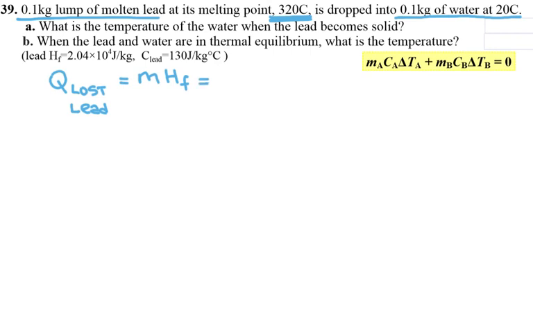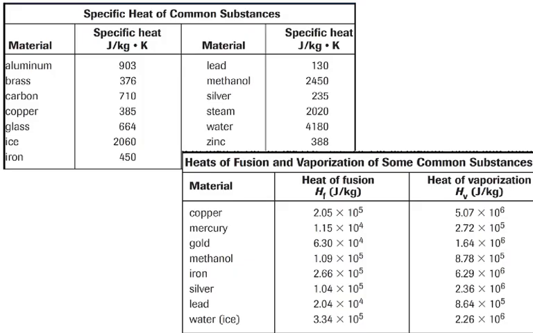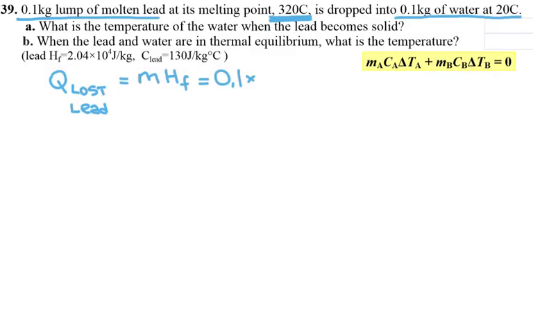So the mass of the lead is 0.1 kilogram, and the heat of fusion for lead is 2 times 10 to the 4th. So I'm going to say that is times 2 times 10 to the 4th. That will give me 2000 joules. So that's how much energy the lead is going to lose.